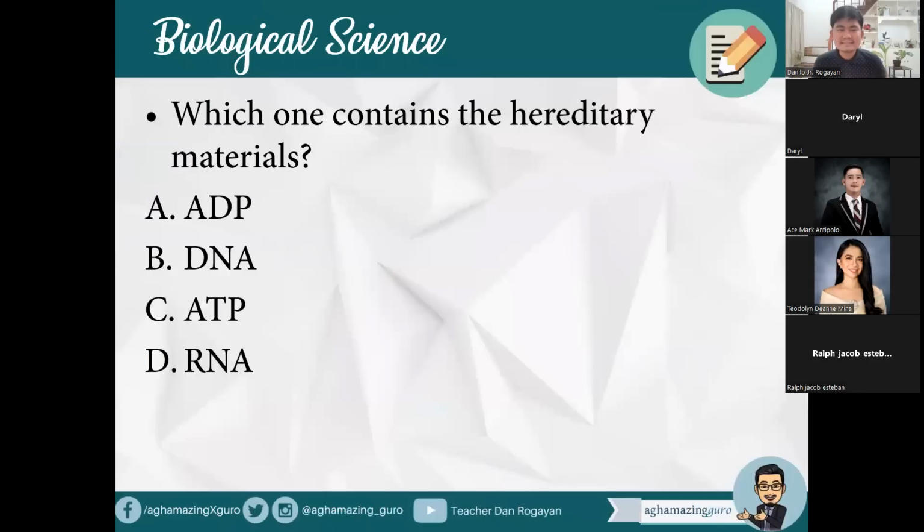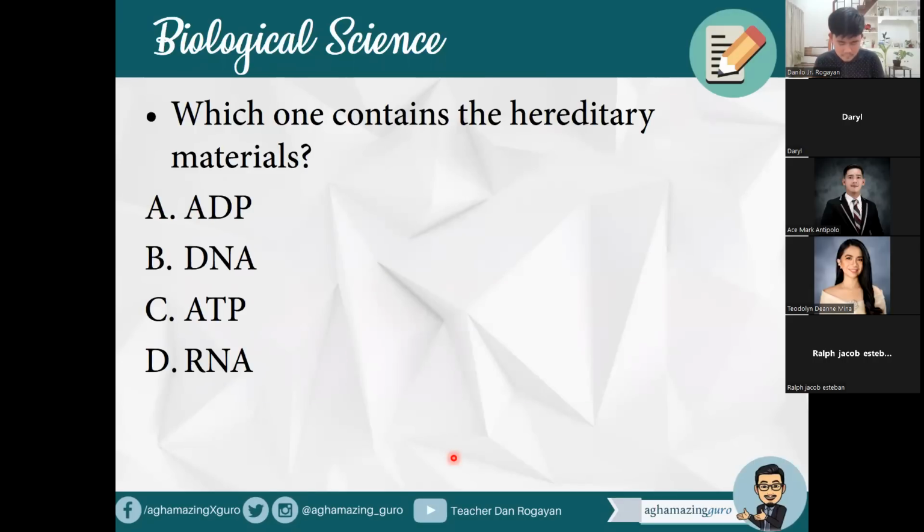Next, which one contains the hereditary materials? A, ADP, adenosine diphosphate. B, DNA, deoxyribonucleic acid. C, ATP, adenosine triphosphate. Or letter D, RNA or ribonucleic acid.